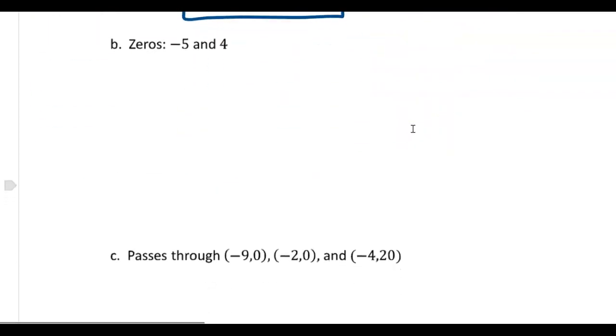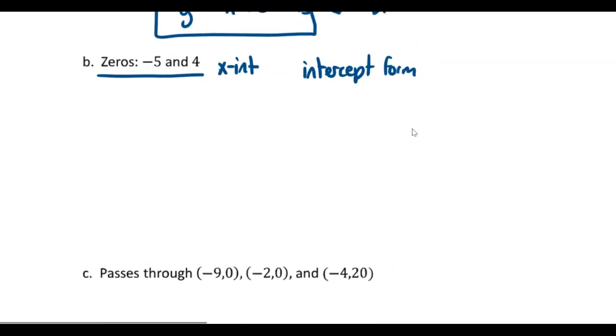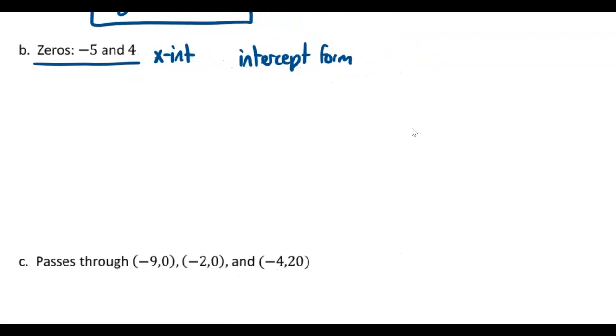Okay, if they give you zeros, that means they give you x-intercepts. And so you should start in intercept form. That's where you should begin. So intercept form is y equals a times (x minus p) times (x minus q), where p and q are x-intercepts or zeros.